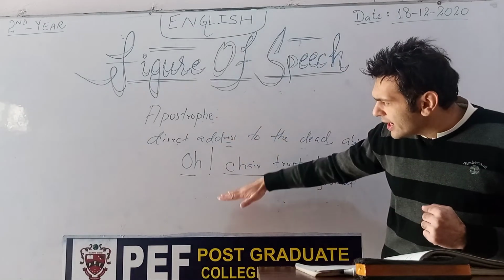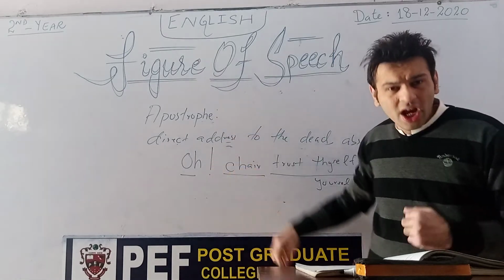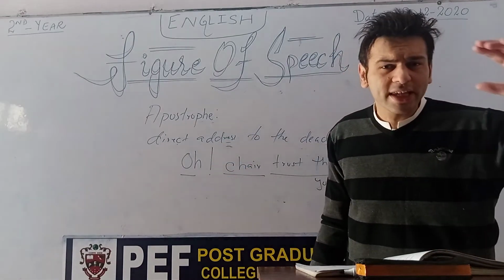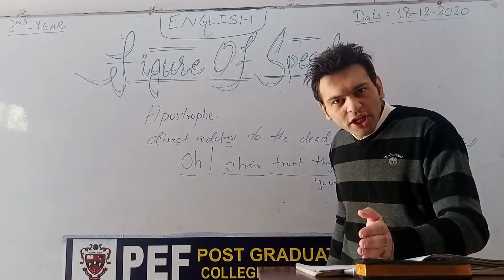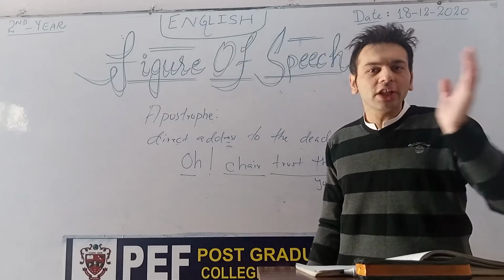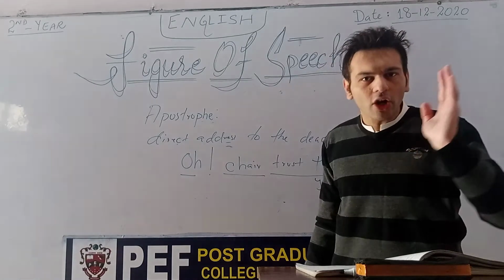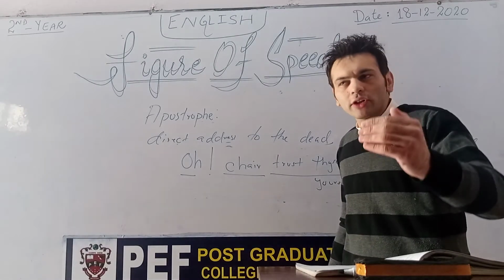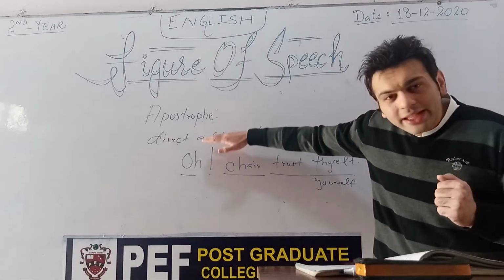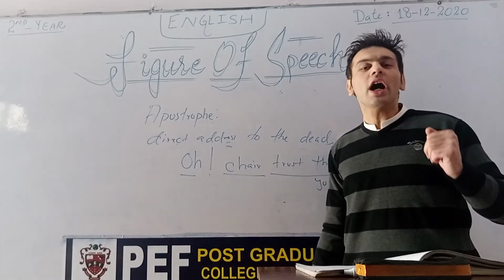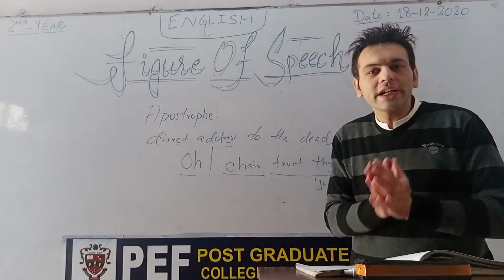Now we use these different figures of speech in literary text in order to achieve a particular effect. Now, how do we achieve this? Why we achieve this? It depends on the nature of the text, that what is the particular purpose and object of that text. So, for that matter, you need to realize one thing, that all these different figures of speech are used in literary text as part of the literary devices.